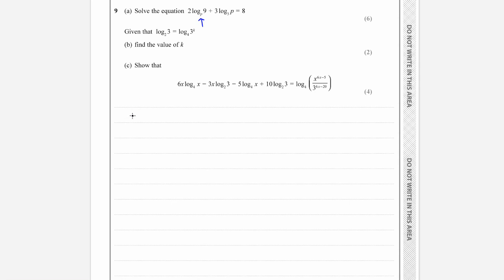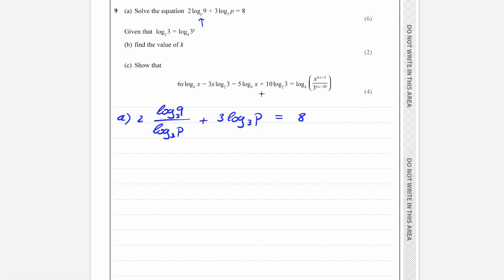Okay, so to change the base, we go 2, and then I do log. You have to know this, guys, although it's in the formula sheet at the front. So log 9 over log p, and then choose any base you want. So choose base 3, for example. Then plus 3 log p base 3. This is already base 3, and then we'll just leave that as 8.